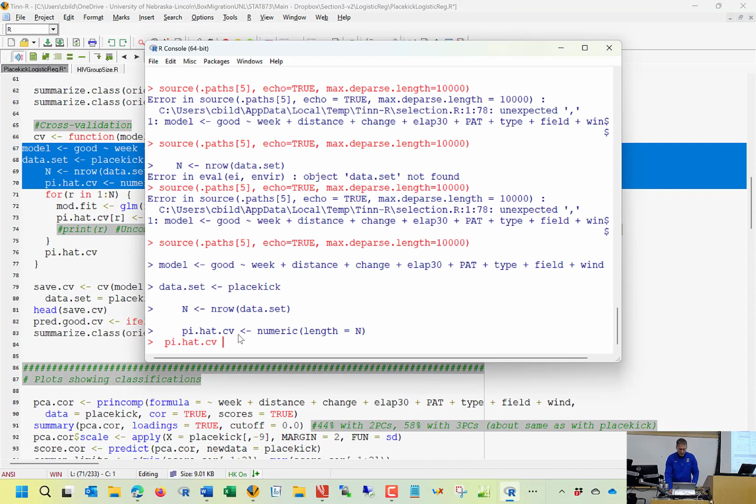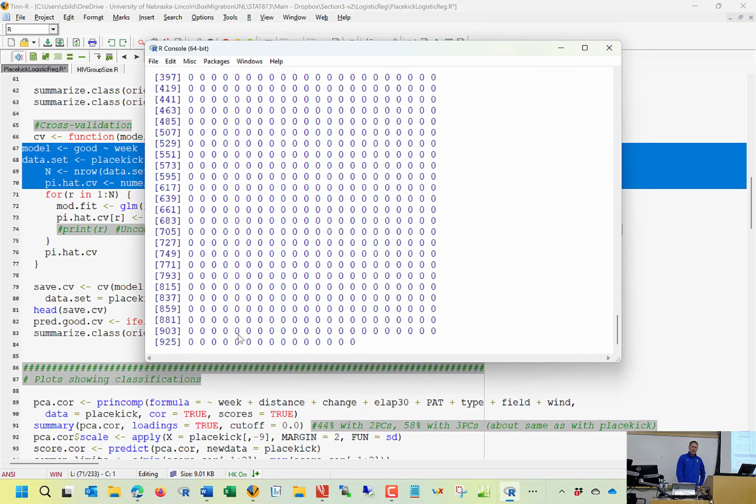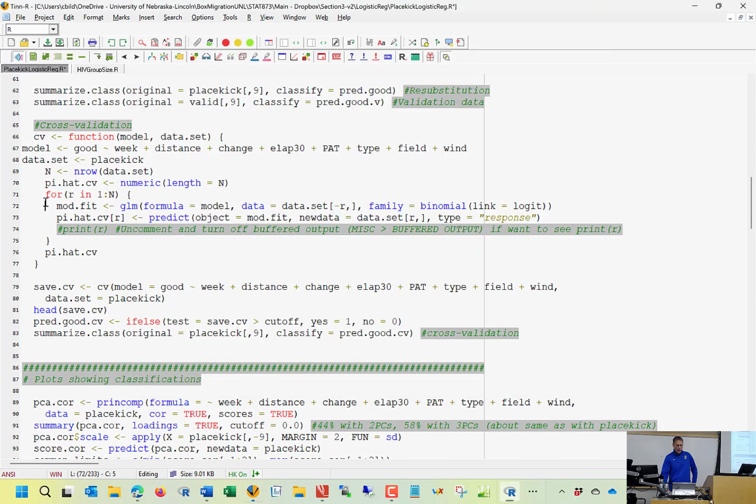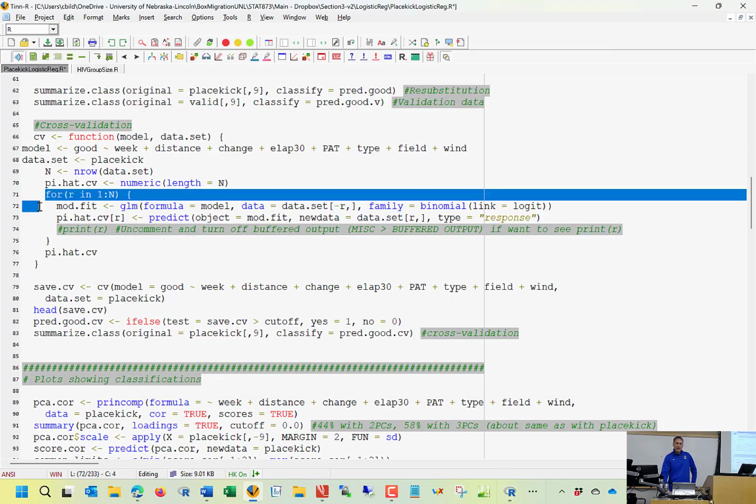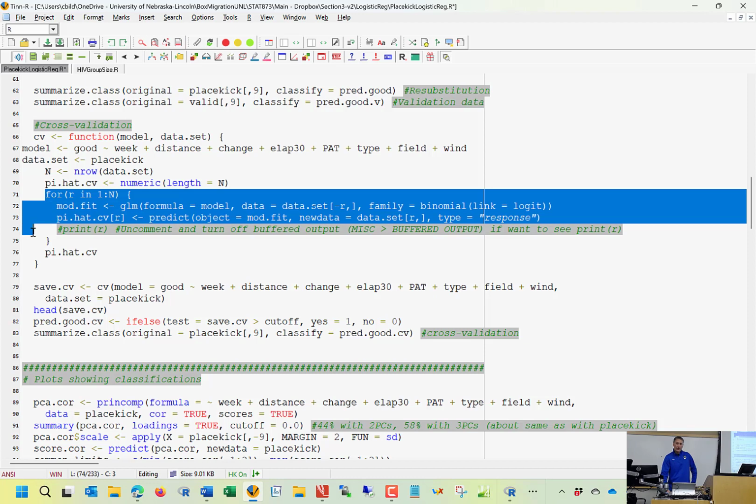So what this is going to do is just initialize a vector that's going to be 1,425 long, with zeros. And then I'm going to replace all those zeros next in a for loop, which estimates the models with n-1 observations, and estimates the probability of success.